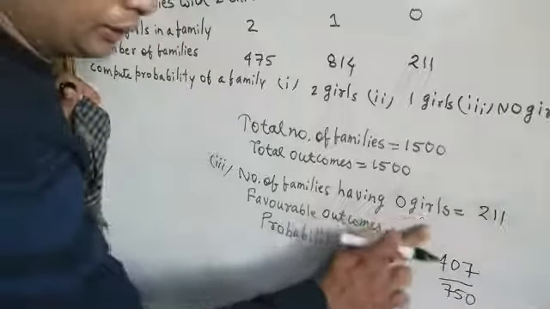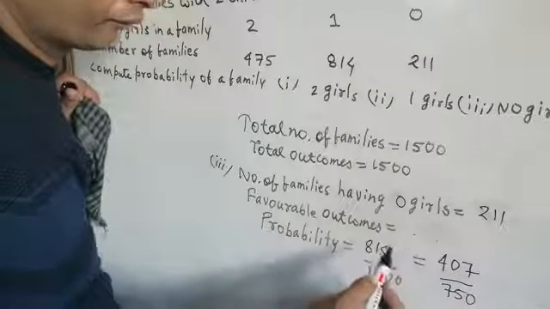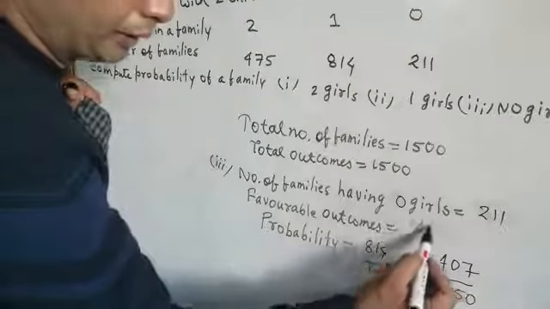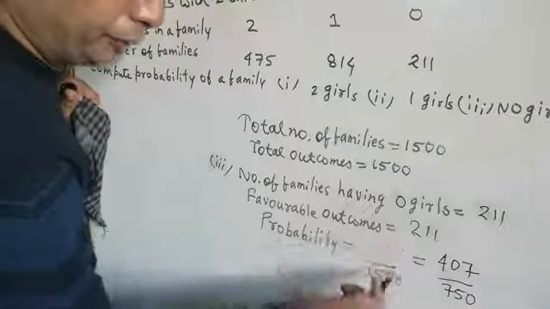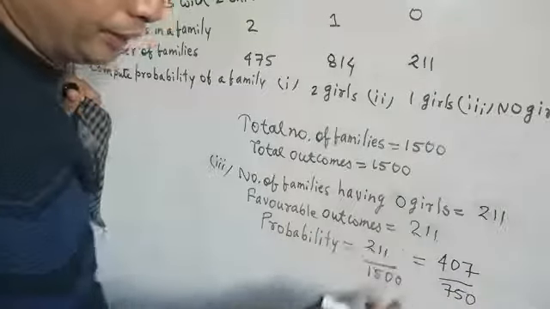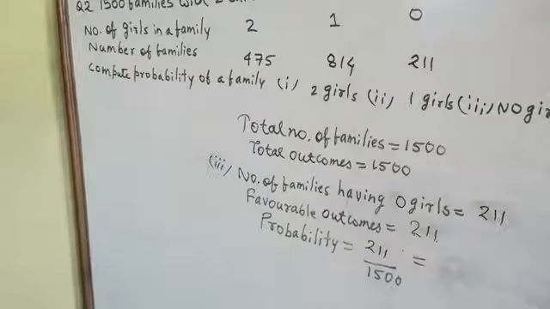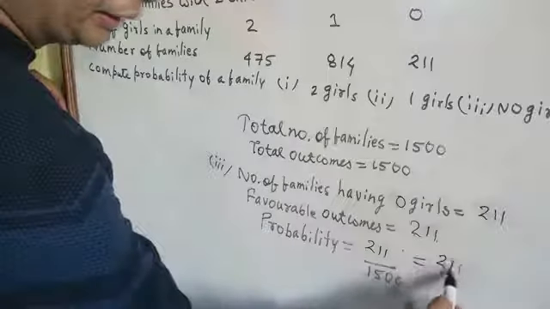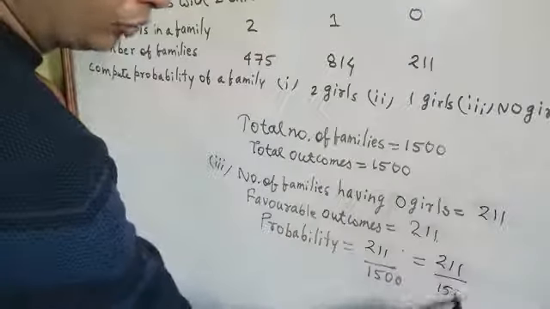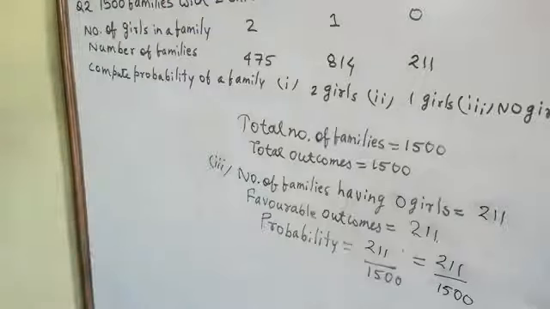The favorable outcome will be 211, and again it will be 211 divided by 1,500. This 211 will not go in any table. So we will write 211 divided by 1500. This is the solution of the question.